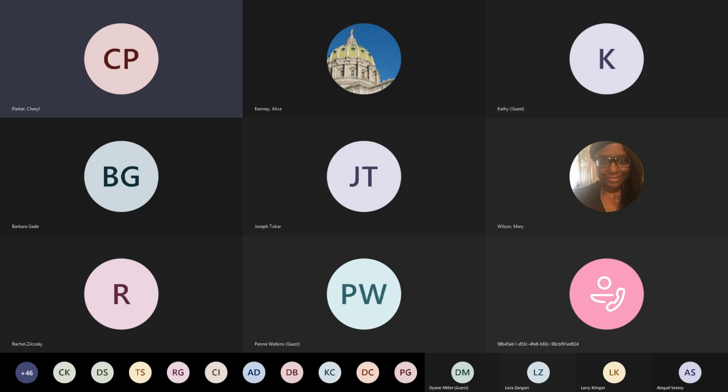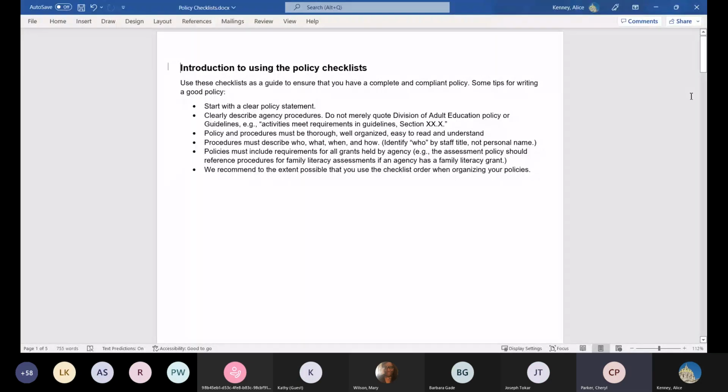Let's look at an overview. I won't read out loud all the points. I will call attention to a few, starting with the second item, clearly describe agency procedures. Do not merely quote Division of Adult Education guidelines, such as "activities meet requirements in the guidelines." I'll also point out the fourth item, procedures must describe who, what, when, and how.